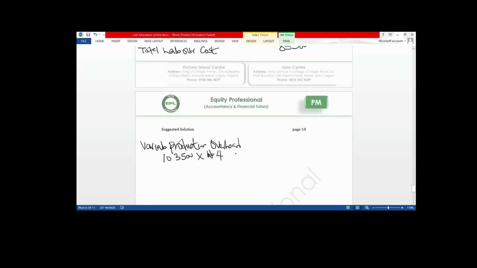This working is equal to 41,400. You can add all your variable costs together now. 237,375.